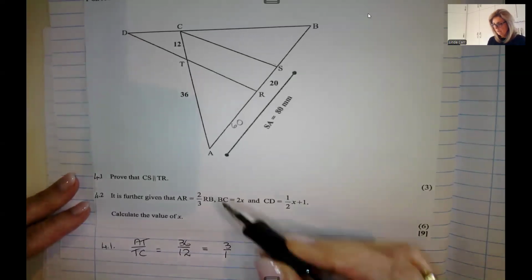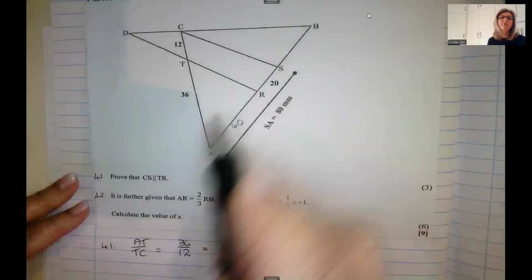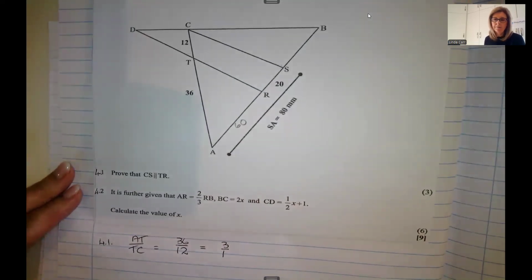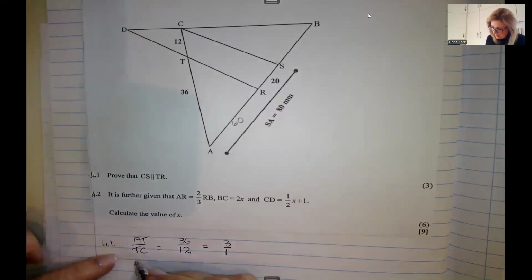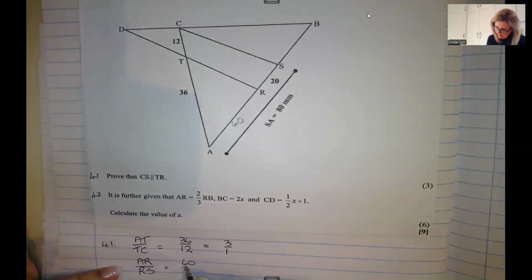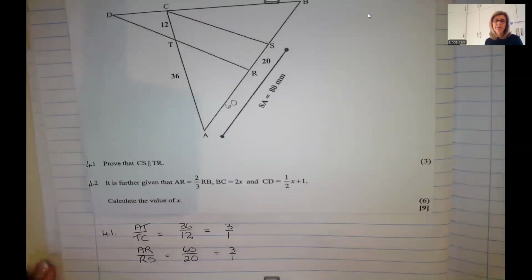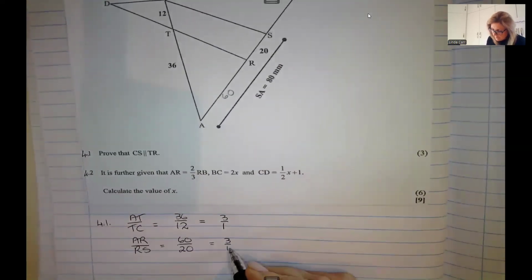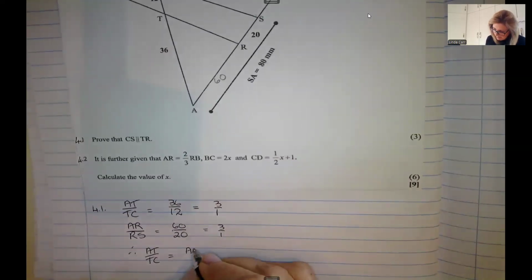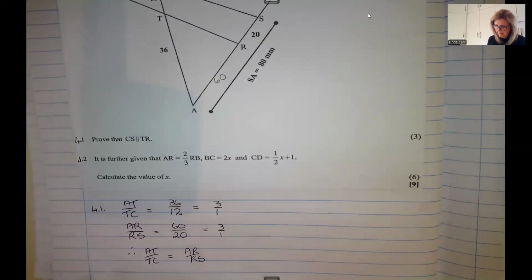Notice I am not allowed to say AT over TC equals AR over RS. I will get 0 for the question if I jump straight in there. I've got to prove that they're equal. Okay, and then separately I'm going to go AR to RS is 60:20, which unsurprisingly is 3:1. And now, because they are the same, therefore, AT over TC is the same as AR over RS.